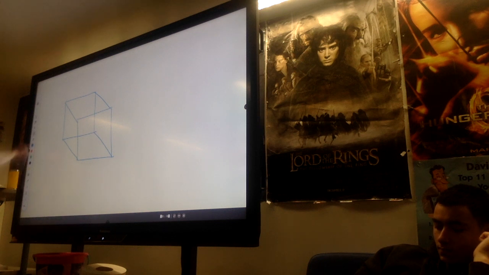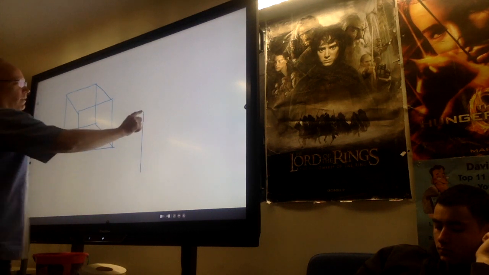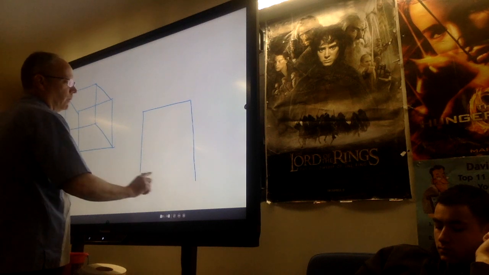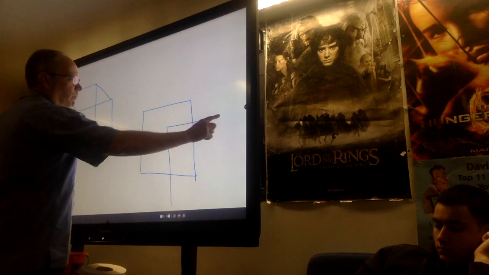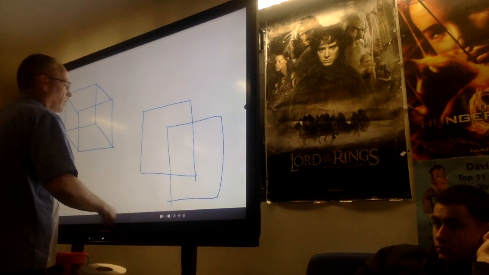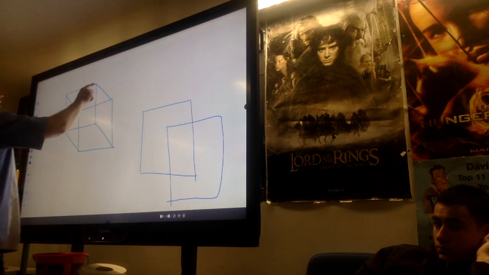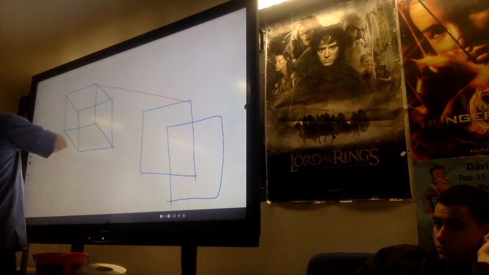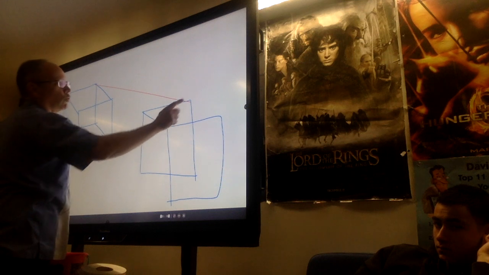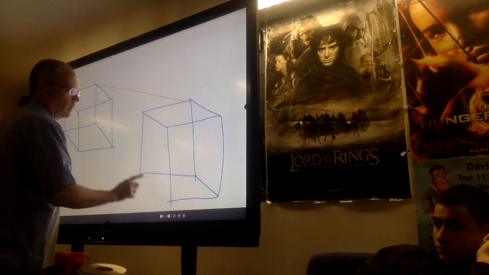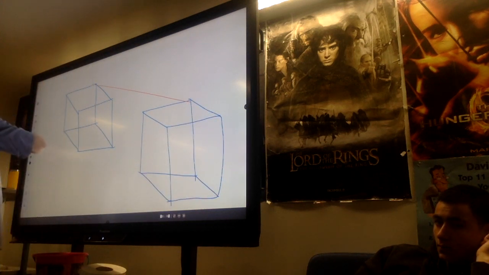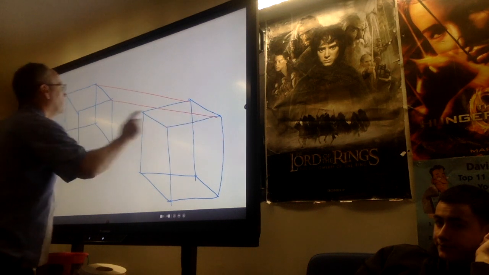If I were to take this whole 3D object, let's draw ourselves another 3D object over here. Let's pretend I can draw 2 squares exactly the same. Let's connect the appropriate vertices to each other.